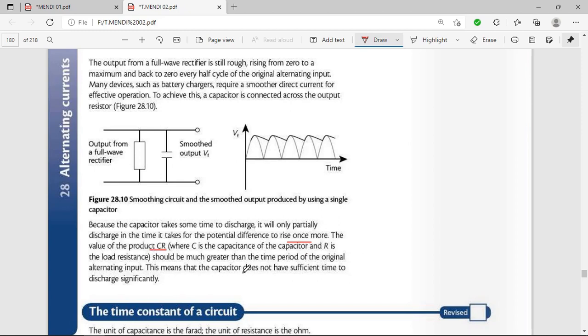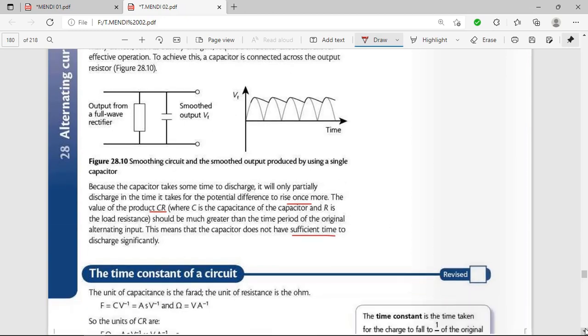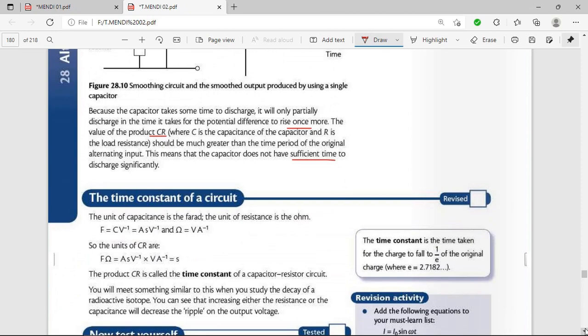This means that the capacitor does not have sufficient time to discharge significantly. You also need to know that the product of capacitance and resistance is what we refer to as the time constant. It is the time taken for the charge to fall to 1 over e of the original charge.